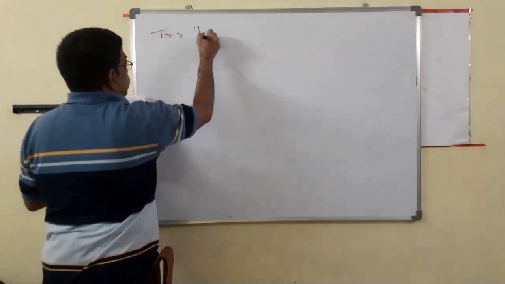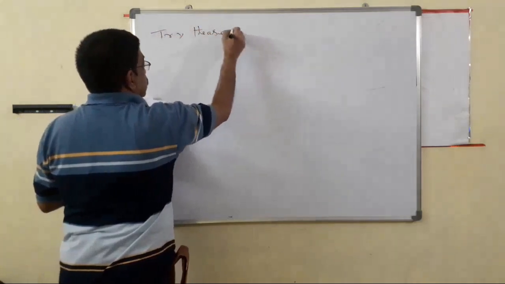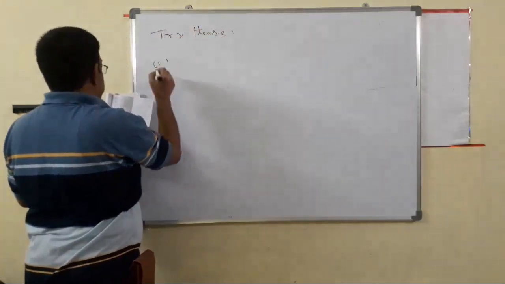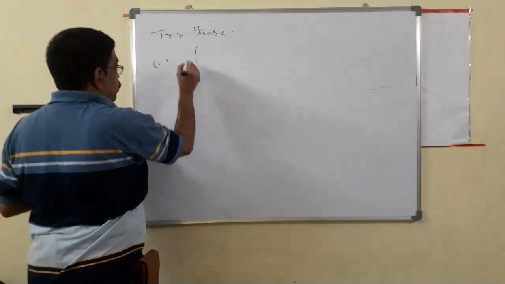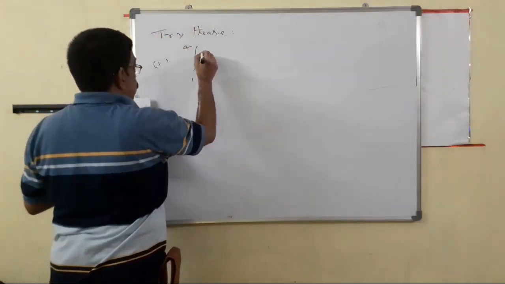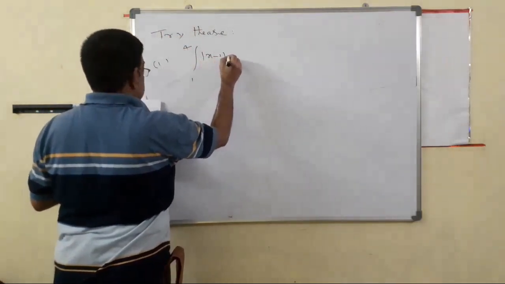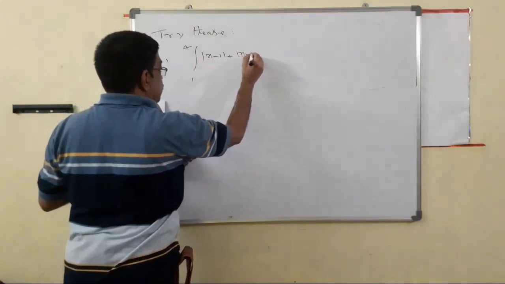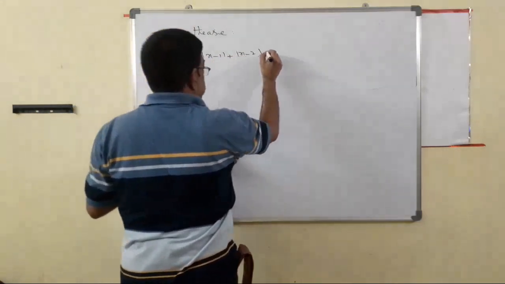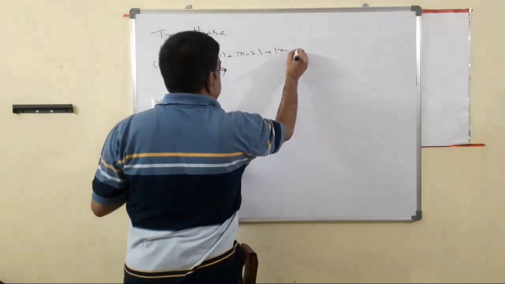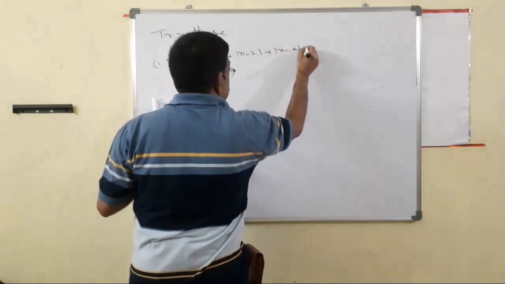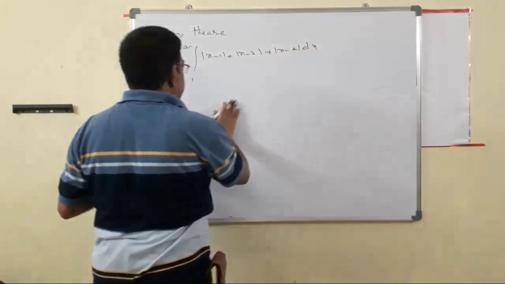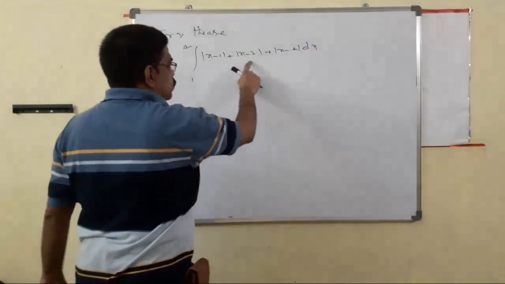Try these problems. 1. Integral 1 to 4 mod x minus 1 plus mod x minus 2 plus mod x minus 4 dx. I am not bothered about the critical points 1, 2, 4.